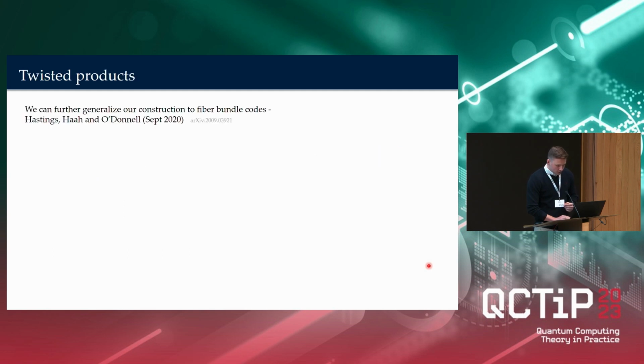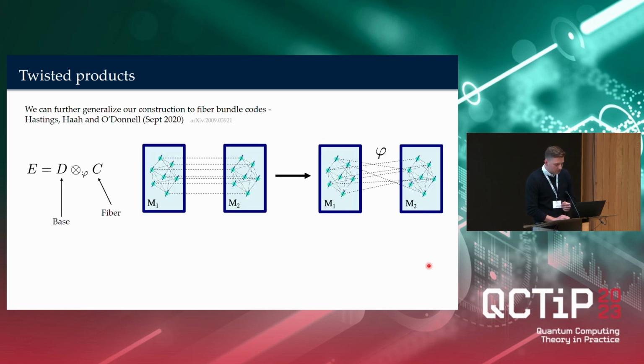We wanted to generalize a little further and consider more exotic codes that appeared very recently, in 2020, by Hastings, Haah, and O'Donnell, where they thought about these hypergraph product codes but also introduced twists to increase the distance of the overall code.